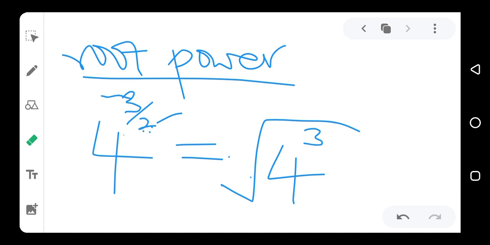But assuming that this is 3, or assuming that this is 5, then we raise it to the power 3, and then the 5 that is down, that is the denominator, at the back of the root, we write it. So it becomes the 5th root of this number. So what we are going to do is that we find the power of 4 to 3, that is 4 raised to power 3. Then we find the 5th root of it.